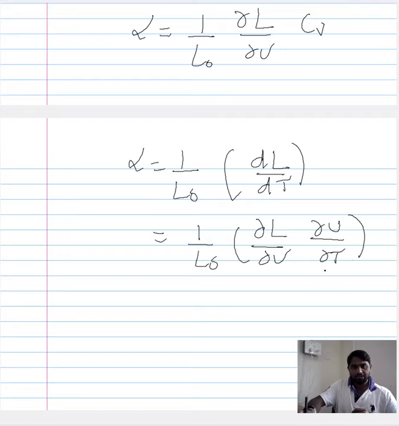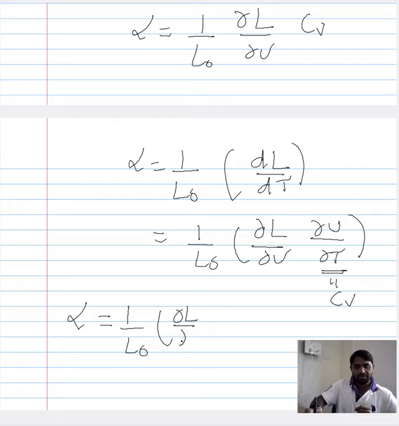And now we know that this is equal to the specific heat at constant volume, assuming that there is no work done on the system and the heat is input into the system, thereby causing a change in temperature. So ultimately, alpha, the coefficient of thermal expansion, is nothing but 1 by L naught dou L by dou U Cv.